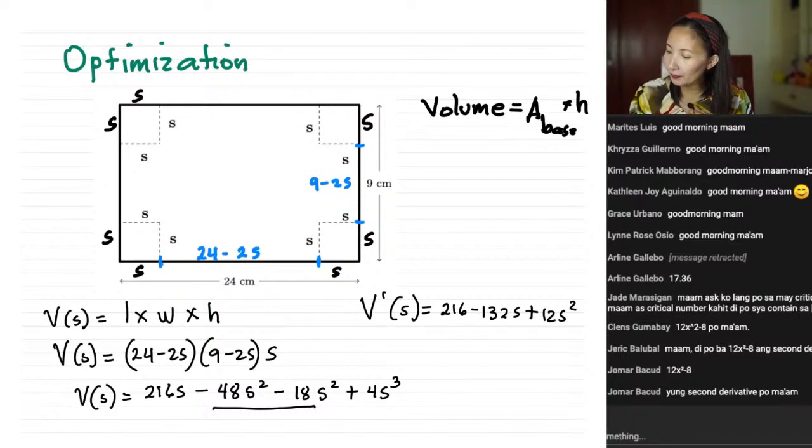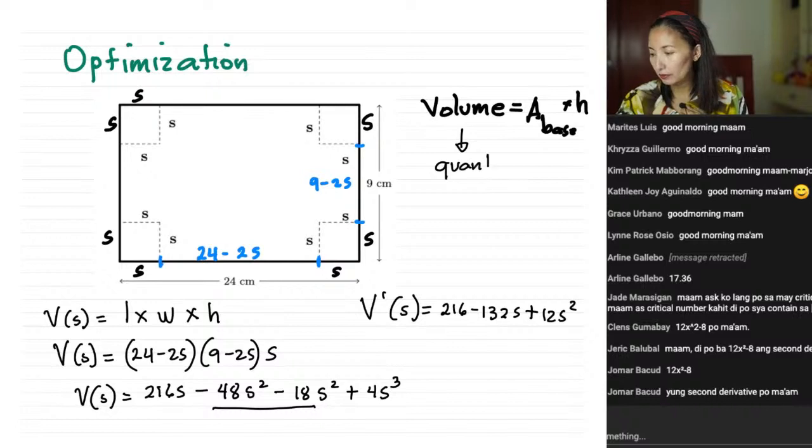Then from here, this is the quantity to be maximized.